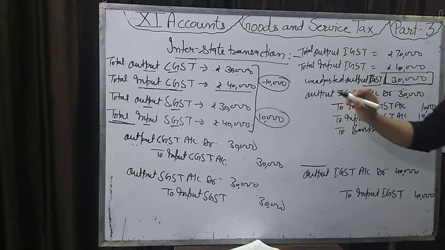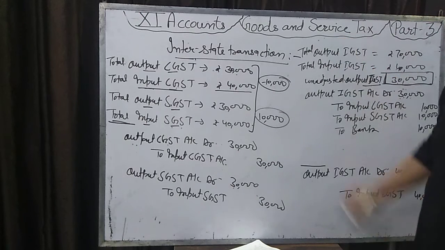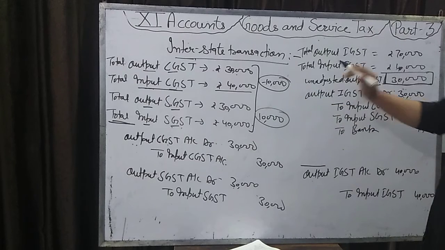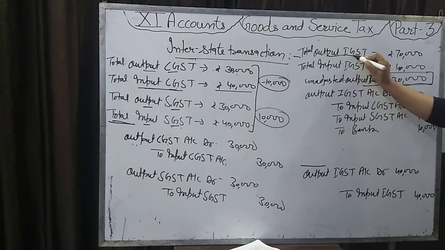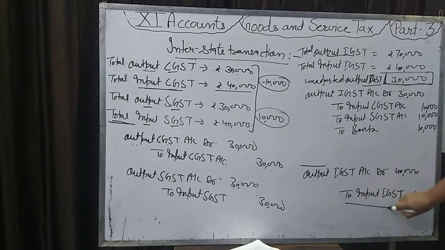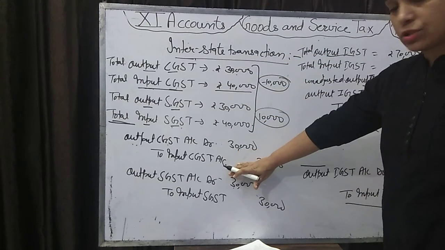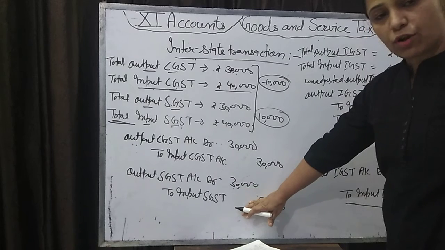If all 3 GST are there, IGST, CGST and SGST, then first of all we will adjust the output GST from input IGST. After that, if any unadjusted output IGST remains, then first of all we will adjust the CGST from their input CGST and SGST from their input.